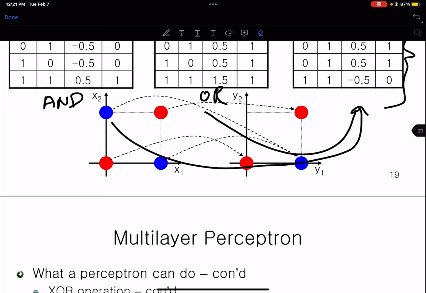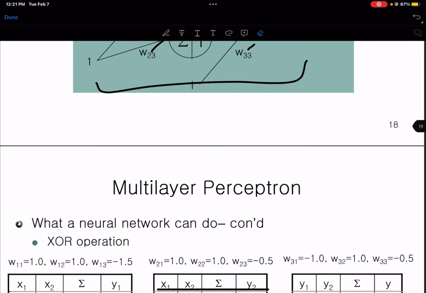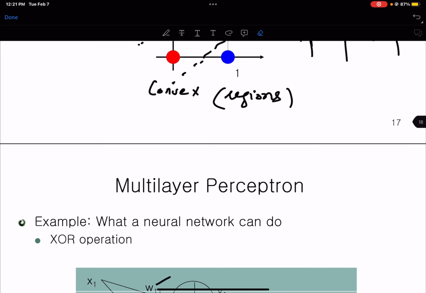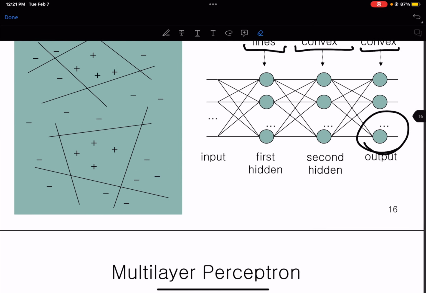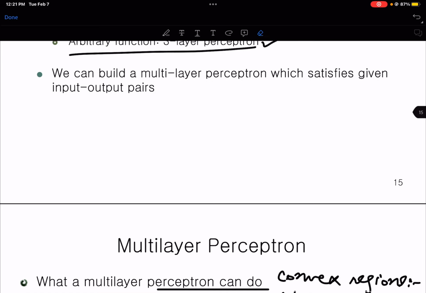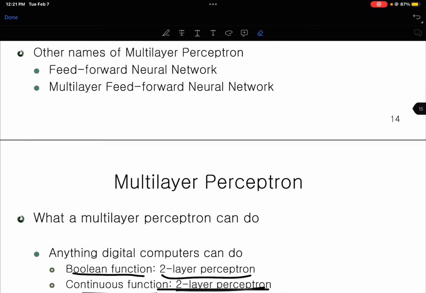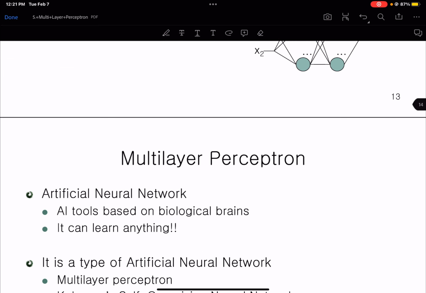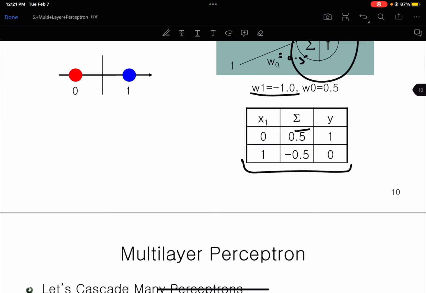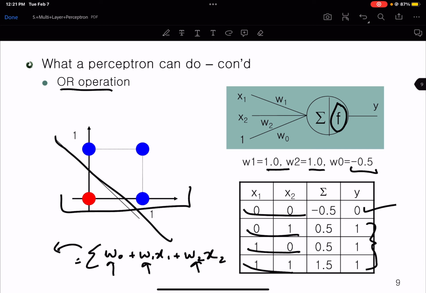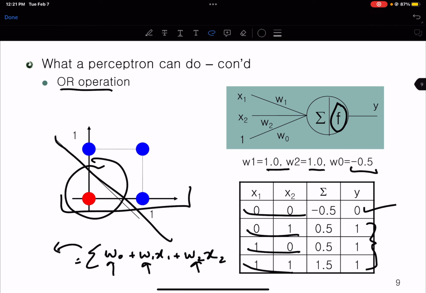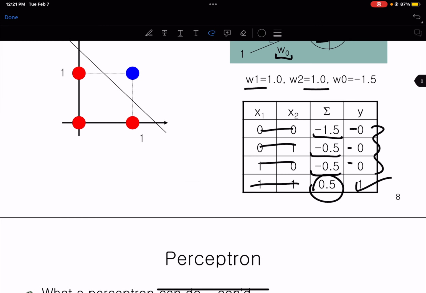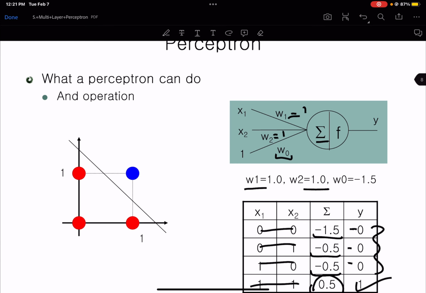So what we have done is we've tried to solve a problem that is not just linearly separable. We used the existing functions that we had. So we designed our OR function like this linear boundary, and the AND operation like this.